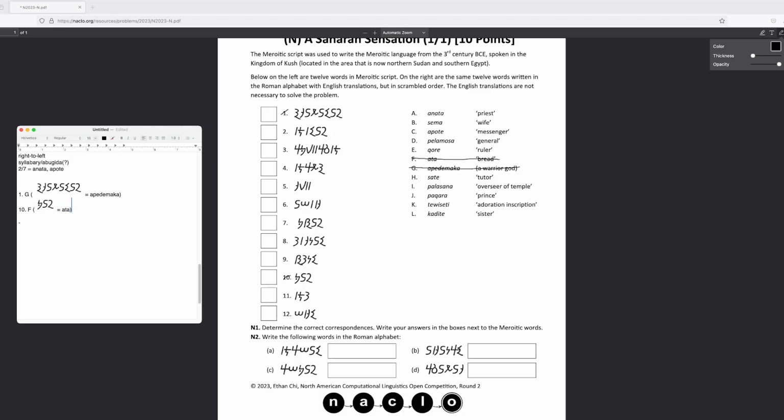And so between 2 and 7, when we look at which one of those looks more like it's just ata with a glyph inserted in between, that would be 7. So we can see that it starts the same way, it ends the same way, and then it has this B-looking thing in between. So we can cross out anata, and we can say that 7 is equal to anata. Then, of course, by process of elimination, we have that 2 must also be equal to apote.